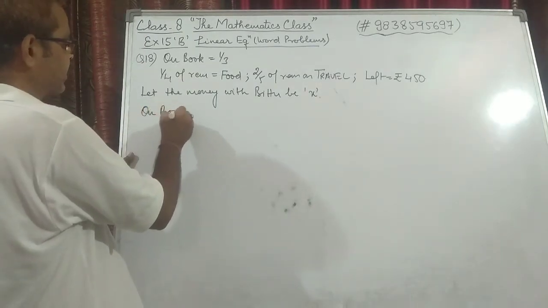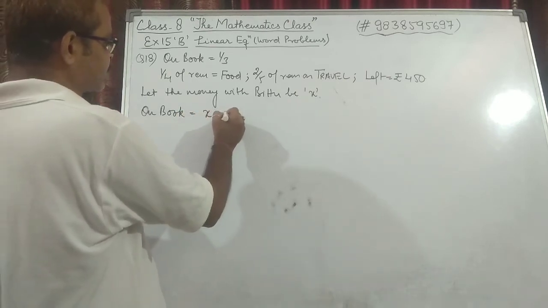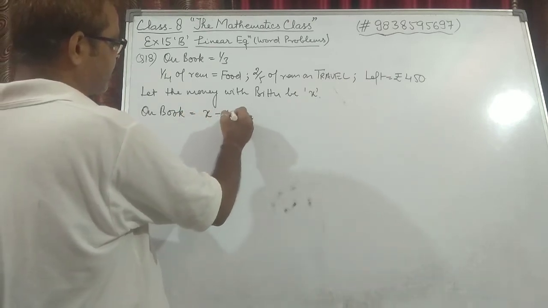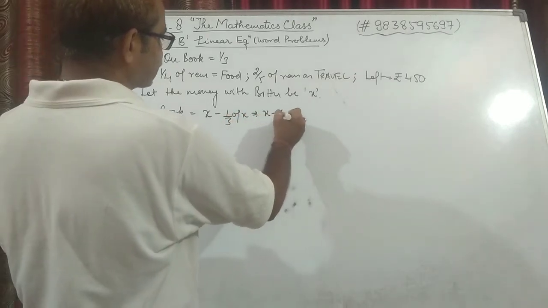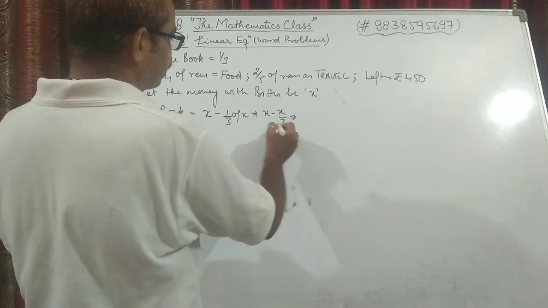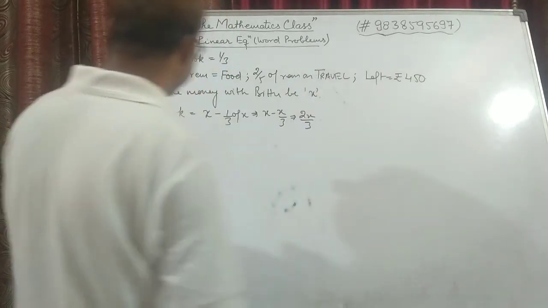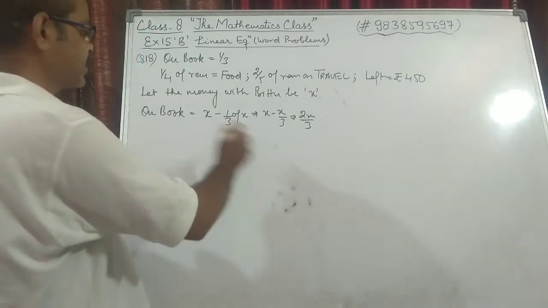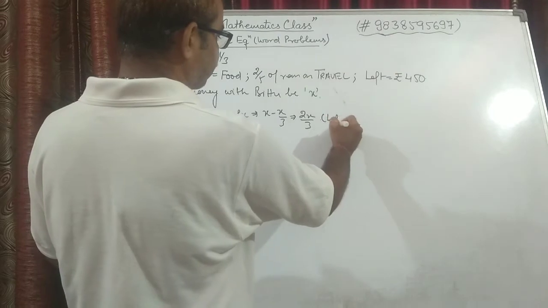On books he is spending 1/3, means X minus 1/3 of X. That is X minus X upon 3. So that will be 3 ones are 3 minus 1, that will be 2X upon 3 left. Now 1/3 is spent, this much is left.